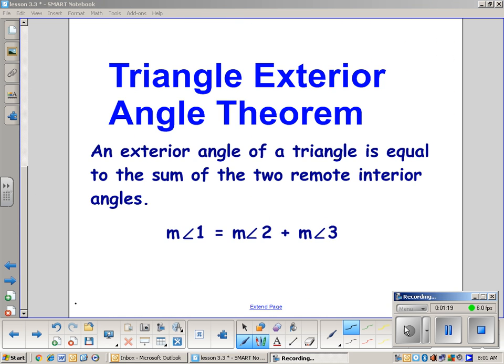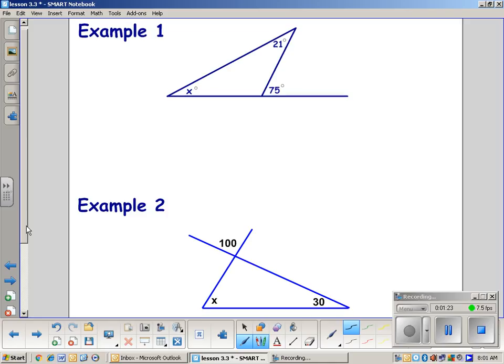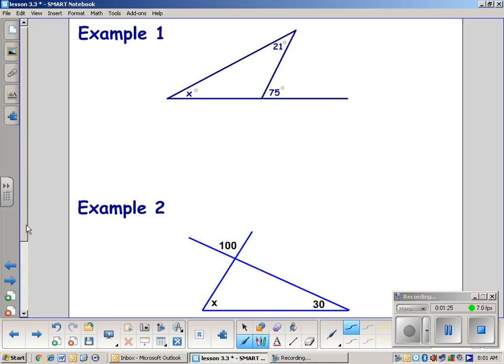All right? Then, looking at our examples, these are the last two pieces of notes. So x and 21 and 75 in example 1. What are our two remote interior angles? X and 21.